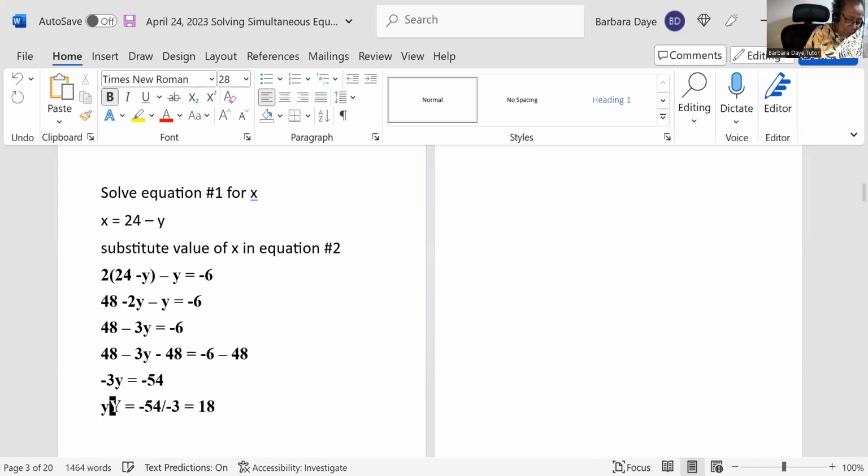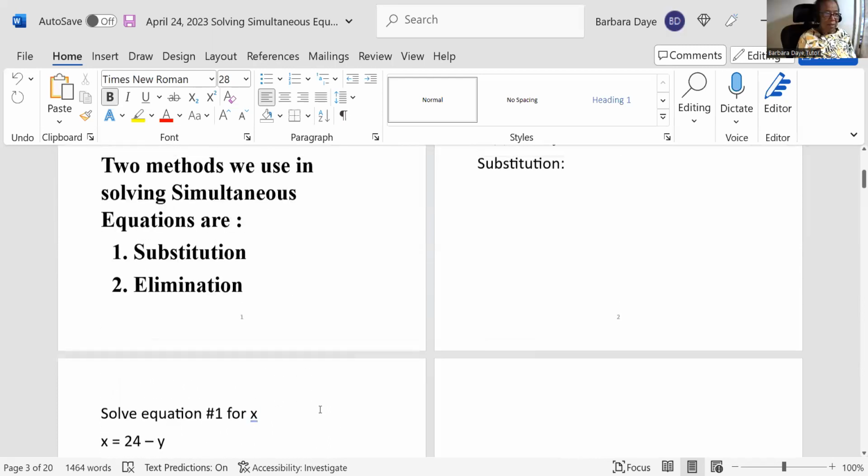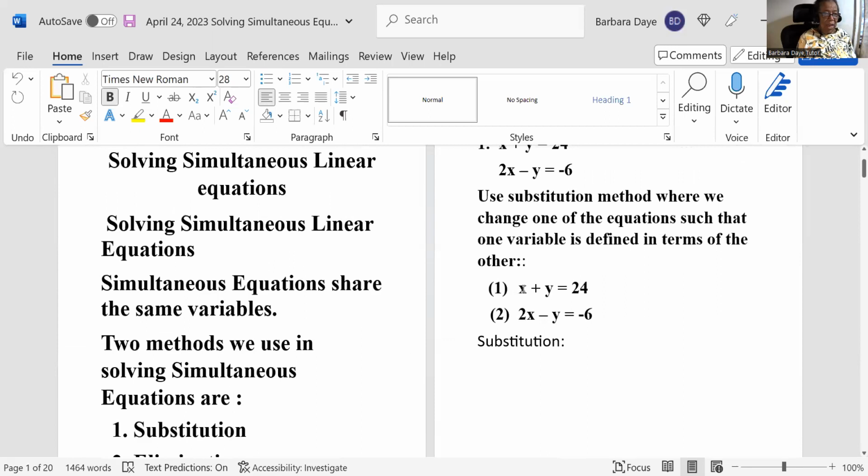Now, what do you think our next step would be, Mercedes? We've got the value of y as 18. Now, how do we solve for x? Well, no, you go back up here. If x plus y is 24, we go back to this equation.